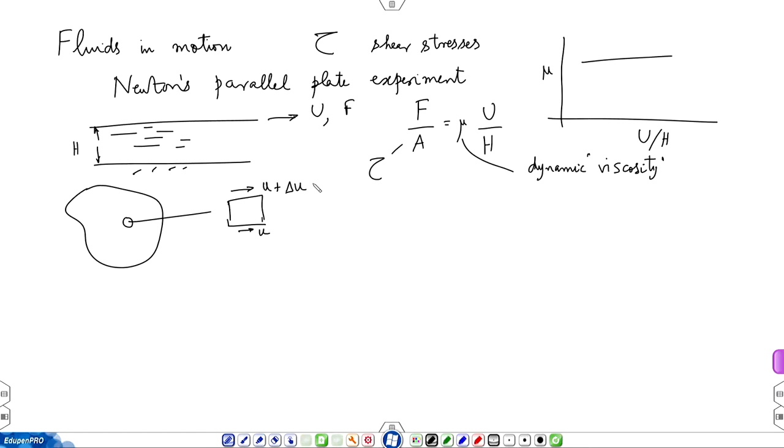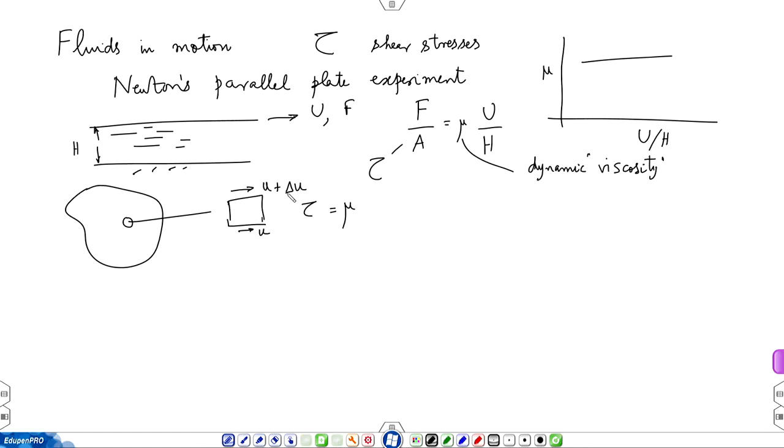So if you compare this situation with Newton's parallel plate experiment, you would conclude that tau will be equal to mu. See this, the area of that phase is now, it's combined with delta u. So this, how much is delta u?